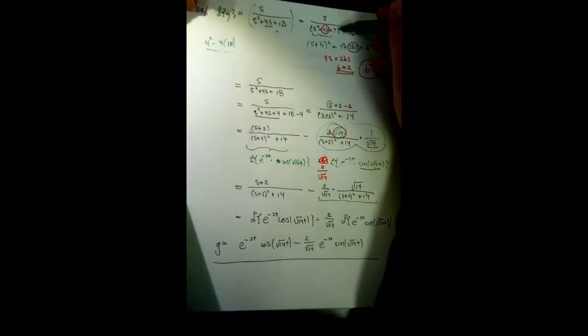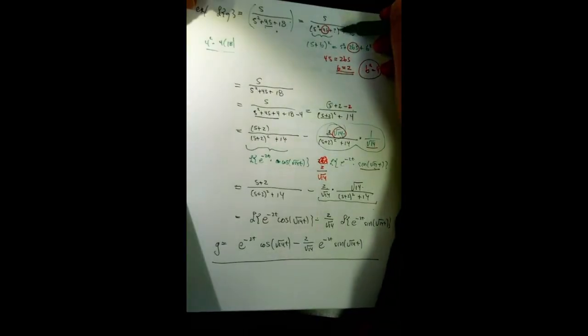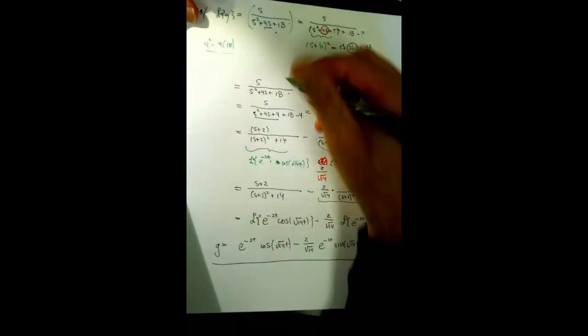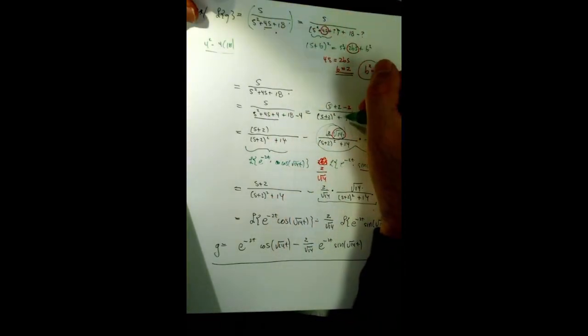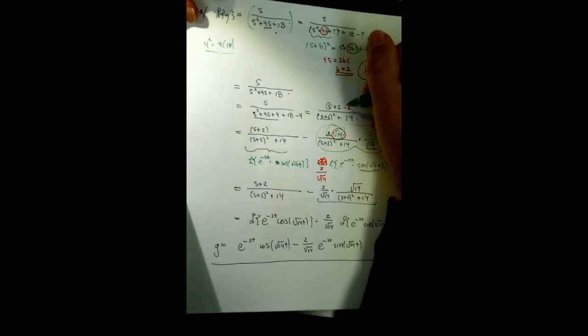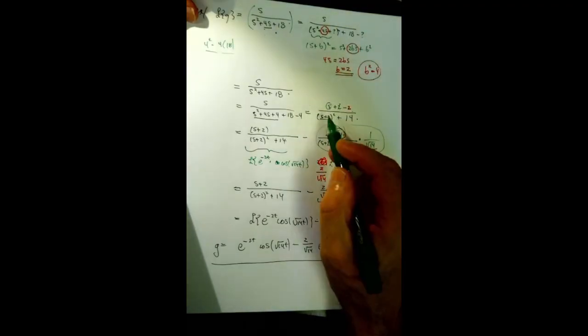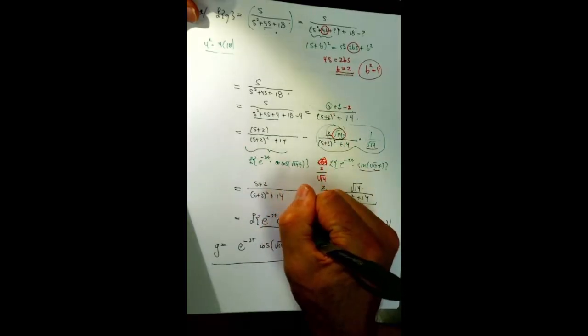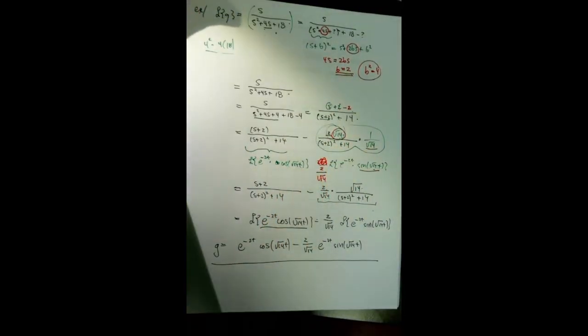If I then decided to use completing the square, I can write it so that I get something over s plus 2 squared plus 14. Now I need to manufacture an s plus 2, because everywhere I see an s, I now want to use an s plus 2. And the reason for that is because I know that in the distant future, I'm going to use my properties when I have an exponential times a function.